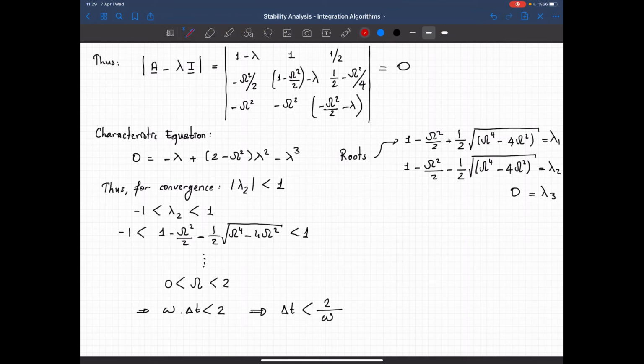So that's the stability condition for explicit integration.